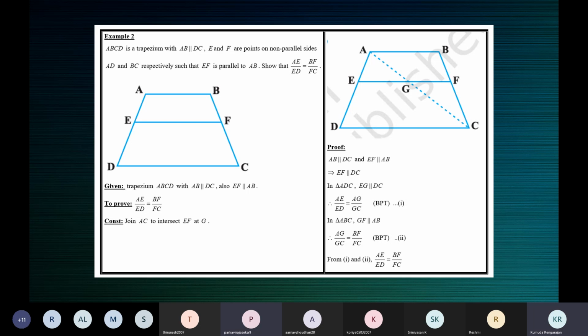Since only Parkavi is answering now, I have to assume that the others have not understood anything. I can't go ahead, children. Numerical ones are easy to come back and explain, but proofs as we move ahead, if you have any doubts with the earlier ones, it's difficult to explain.